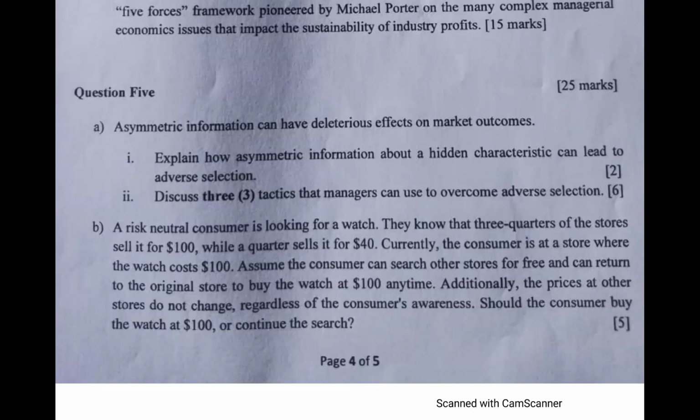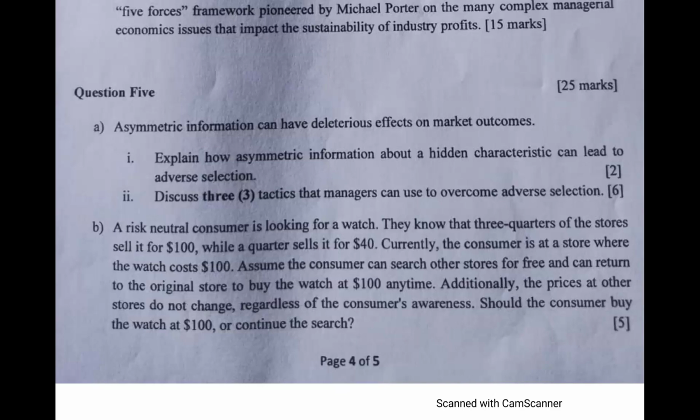For example, when a company is hiring workers, someone may lie on their CV. They might likely choose that person who has lied, and so choose the wrong person, leaving out the person who is telling the truth. That's a bit about adverse selection.